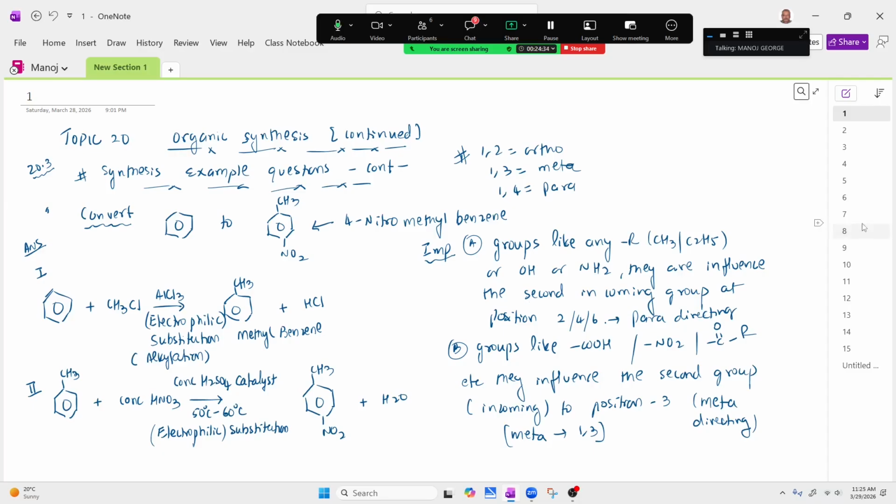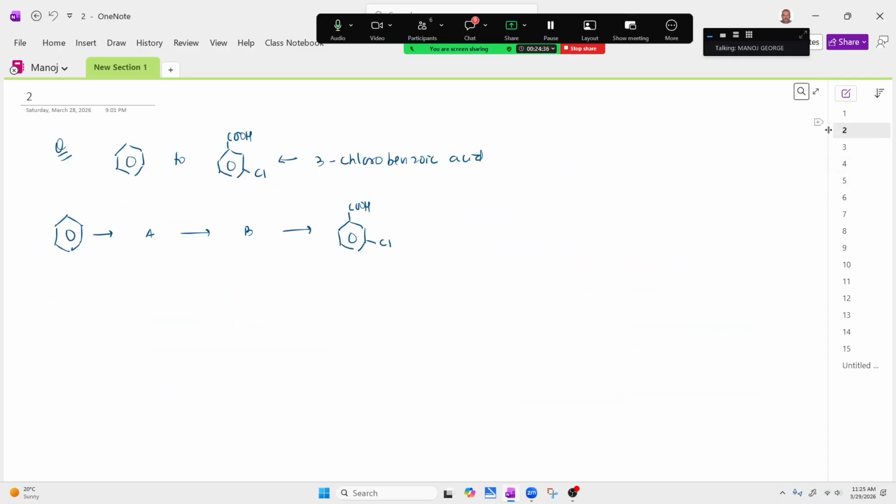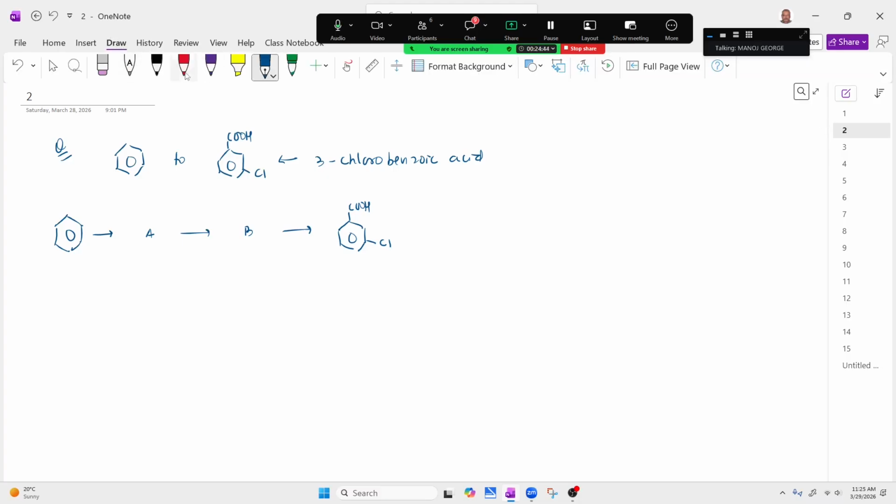Do you want to put the chlorine first on the ring or do you want to put the acid on the ring? So can you tell me what could be the structure of B? Working backward, what could be the structure of B? Should I copy the same structure? This is 3-chlorobenzoic acid. Any suggestion? You can write the name of the compound if you want. What could be the structure of B?